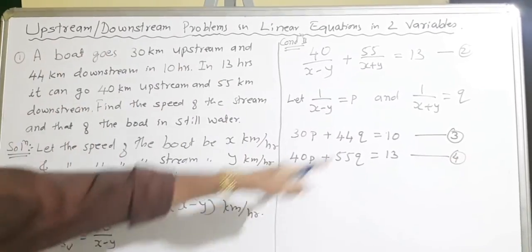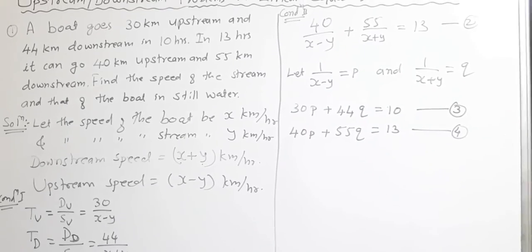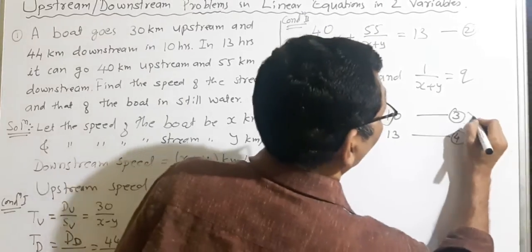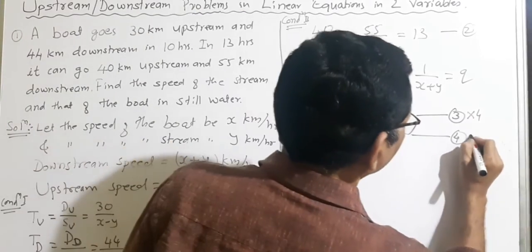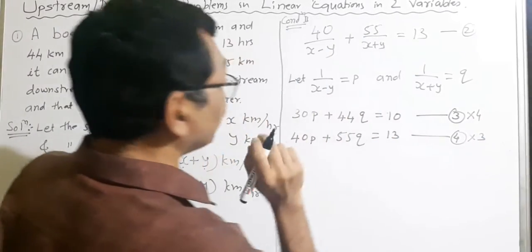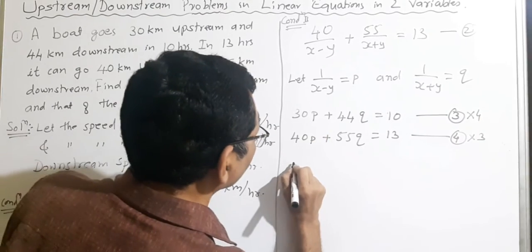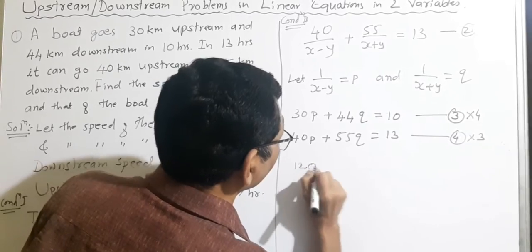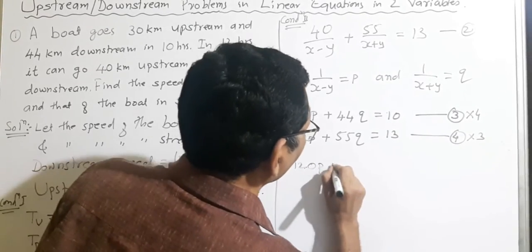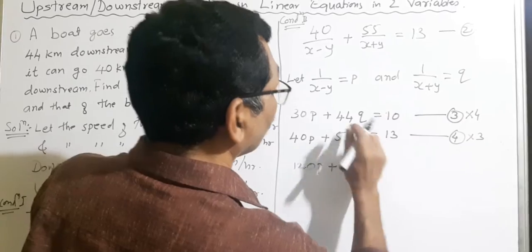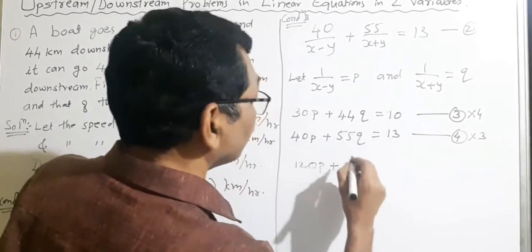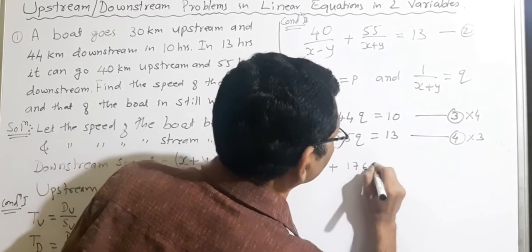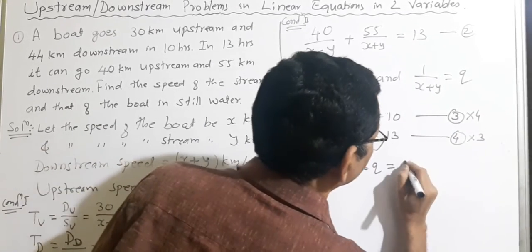So now we'll solve equations 3 and 4 by the elimination method. We can make out this is 30, this is 40. So if I multiply this by 4 and this by 3, we can eliminate p. So 4 into 30 is 120p, plus 44 into 4 is 176q, is equal to 10 times 4, which is 40.